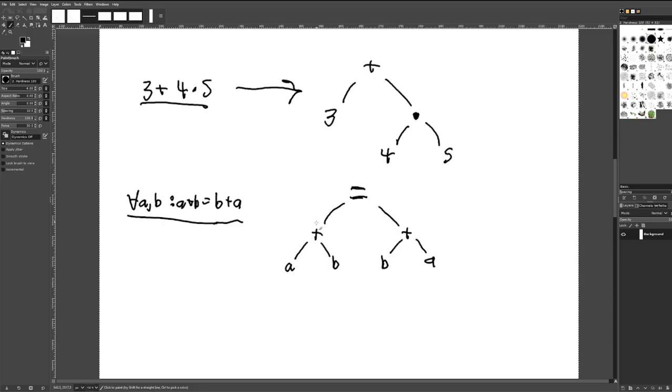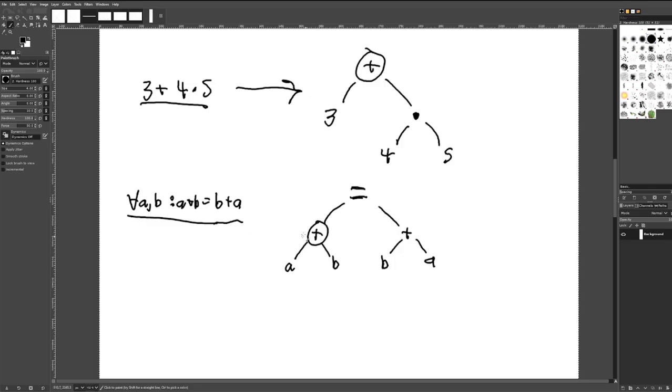So if you have 3 plus 4 times 5 and you apply this rule to it, what will happen is the left-hand side of the rule will be pattern matched against the expression tree that you've got. The computer will look at the top node of each of these trees, and it'll say, oh, let's match these together, and oh, good, they're both plus.